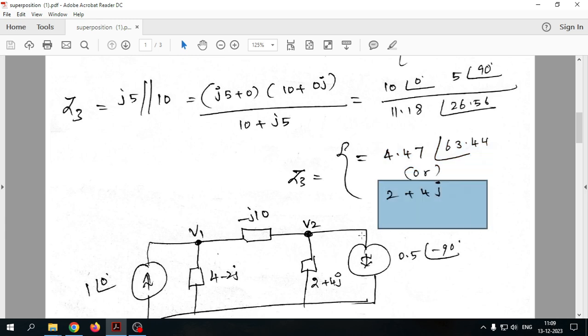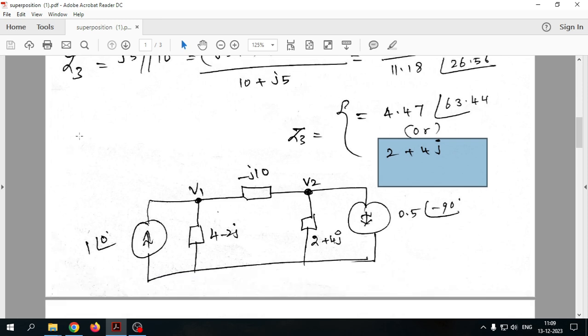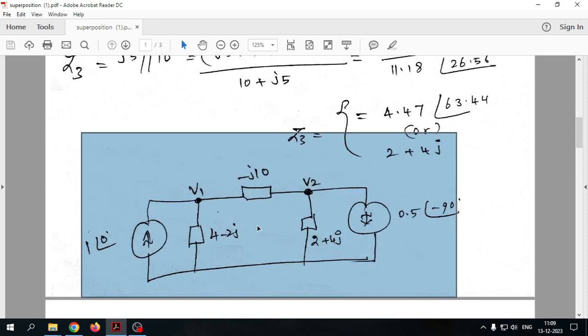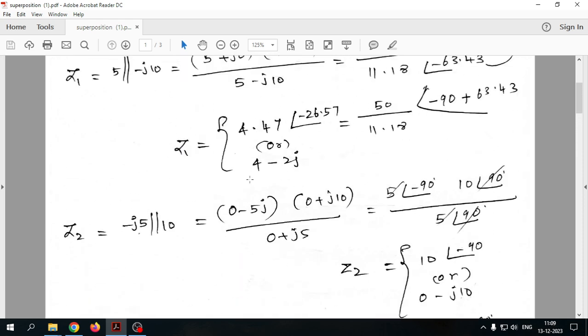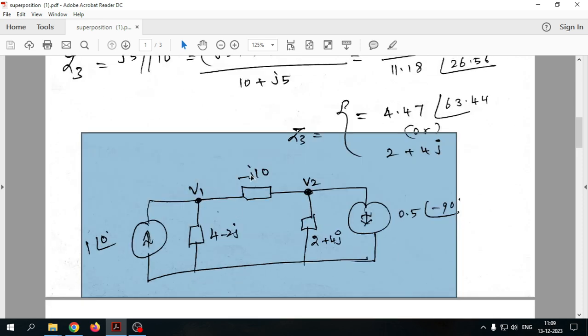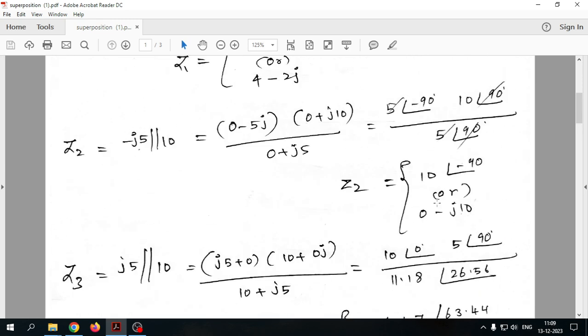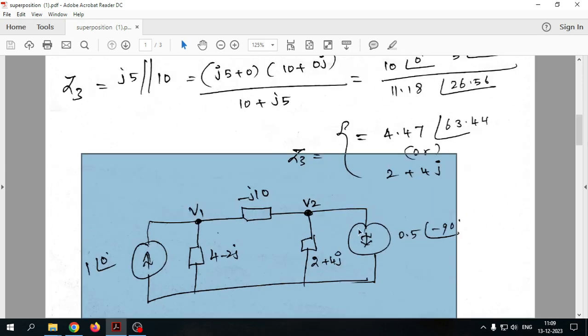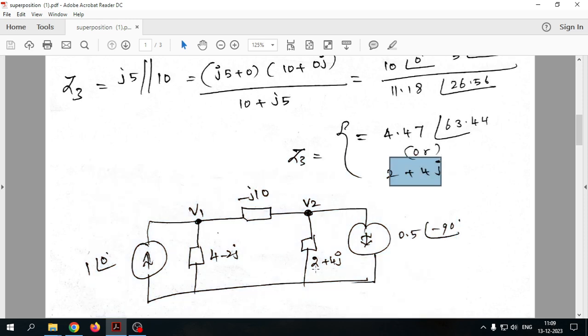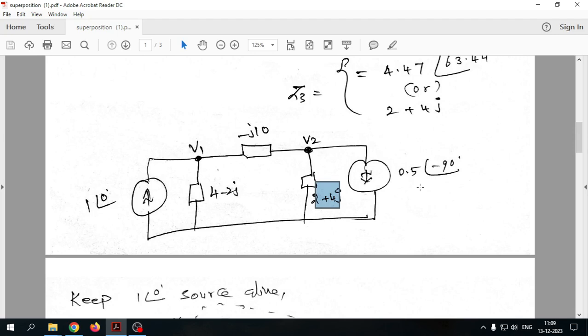After simplifying, which means combining parallel resistors, this will be the circuit. We combined the first two resistors and the value is 4 minus 2j from here, then minus j10 from here, and the final combination is 2 plus 4j, and we have added the actual source values.